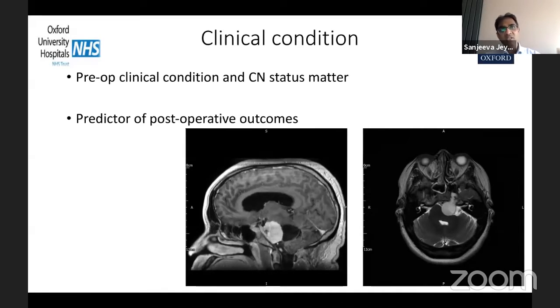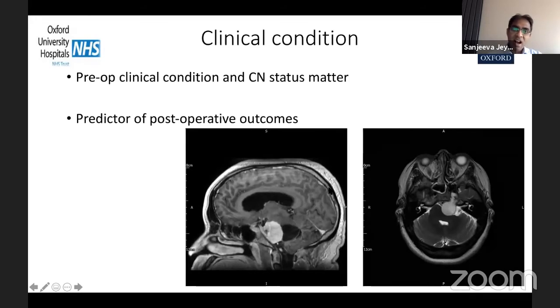With careful technique, you decompress, you open the optic canal, take tumor out of the optic canal in juxtasellar meningiomas, you expect the vision to get better. Same with some of these lateral petrous meningiomas, they have trigeminal neuralgia, things like that, you expect them to be better postoperatively. I think for some of these cases that is different. So I've shown a picture here of a petroclival tumor where the pia is involved, with a cyst within the brainstem.